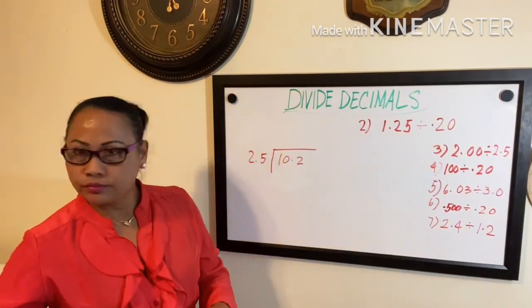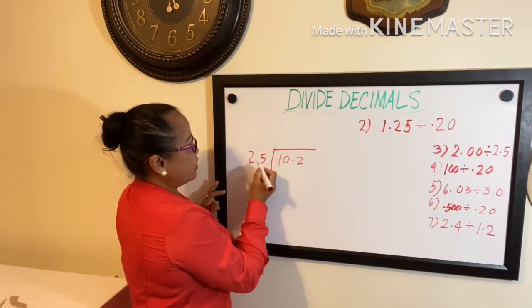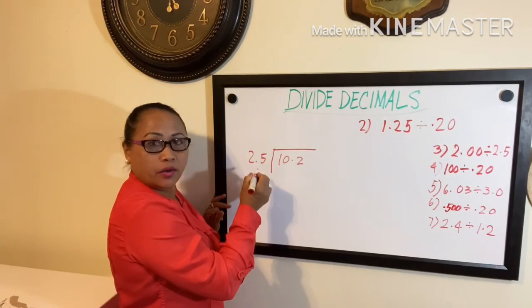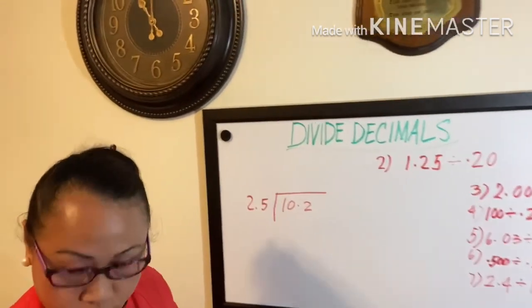So now we have the decimal here. We have to move it one place to the right. Okay, let's move here so you can see.